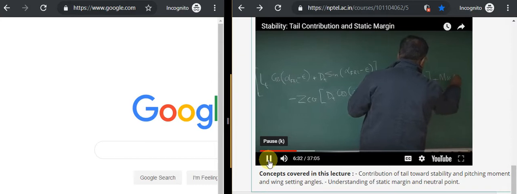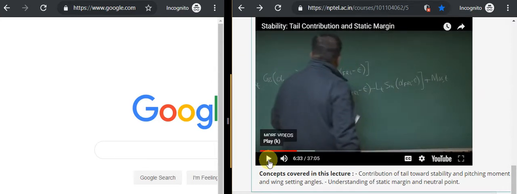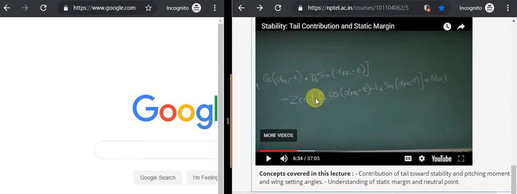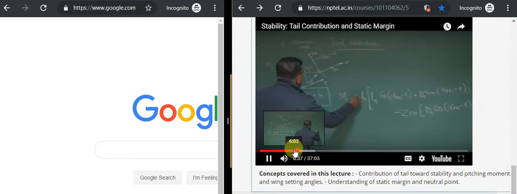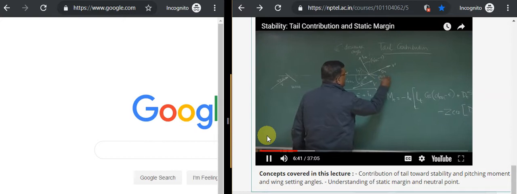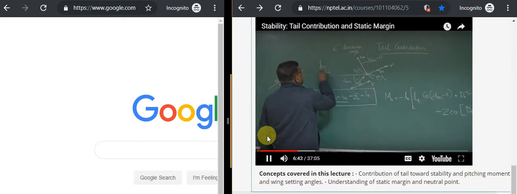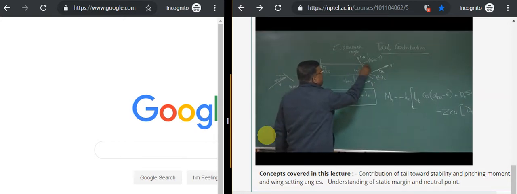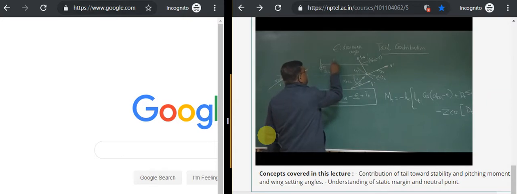Let's see what it is. What is this ZCG? When we're talking about minus ZCG, let's see where the ZCG is. What is LT? First of all, LT is the AC of the tail, and LT is this distance from XCG to the AC of the tail.